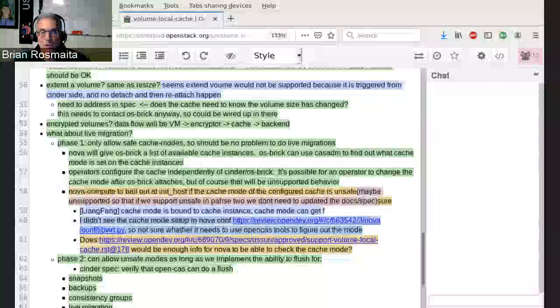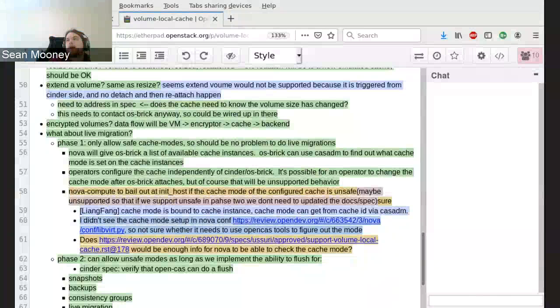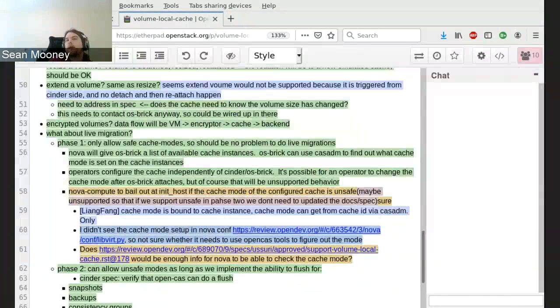Right. So I'm thinking the write-back would be unsafe because if we got detached, we'd have data in the cache that's not been written yet to the back end. It's not on the back end, but it is persisted to the local disk so that it could be written back at a later date, right?